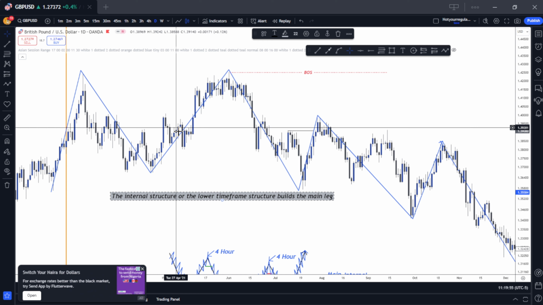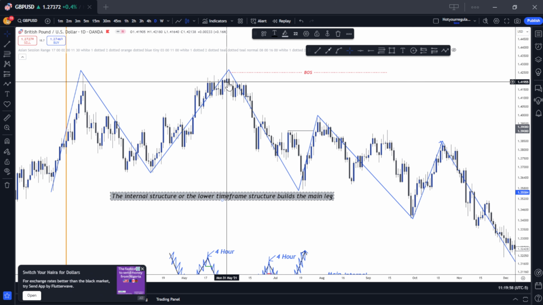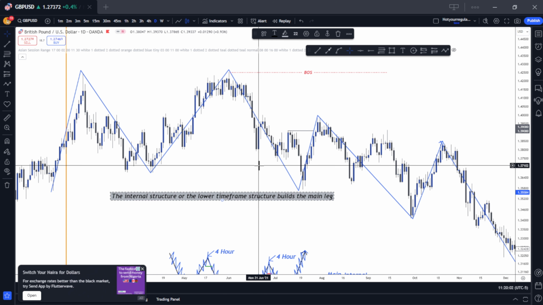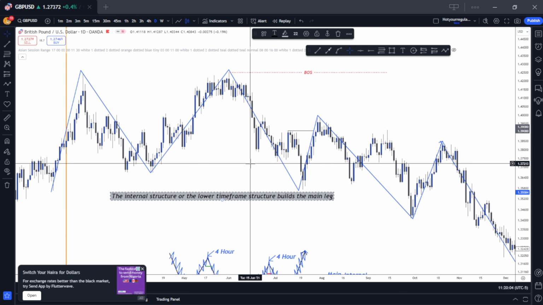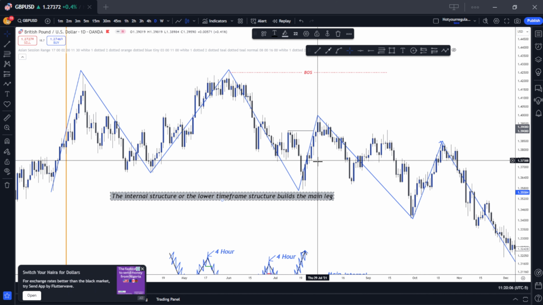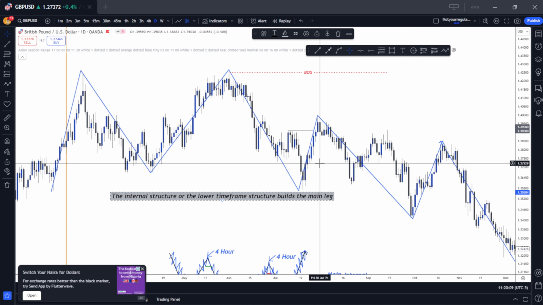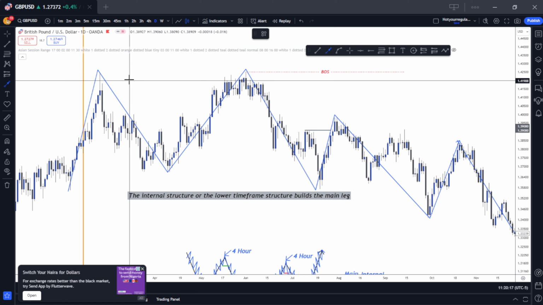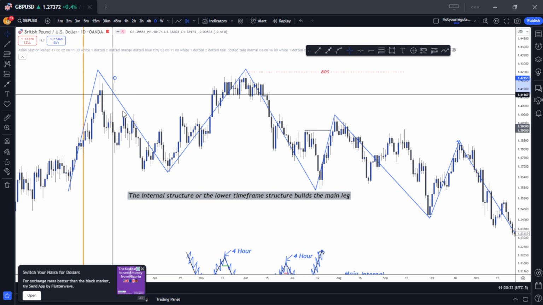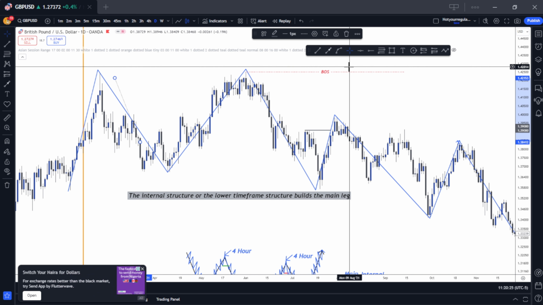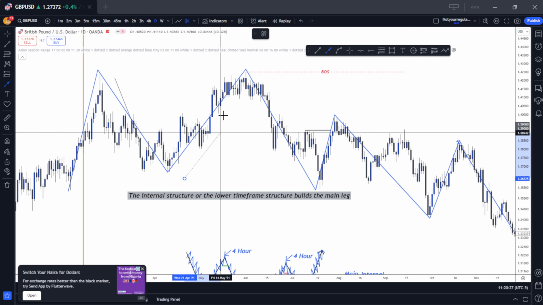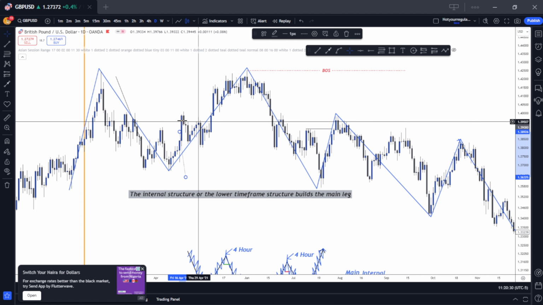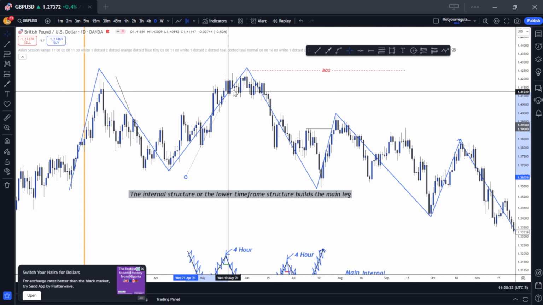Please note this: the internal structure is what builds the main leg, and it's still the same internal structure that we are going to use to know what phase we are in, whether we are in the pullback, like this, or in a continuation phase, like this. Continuation phase as in continuing the trend.